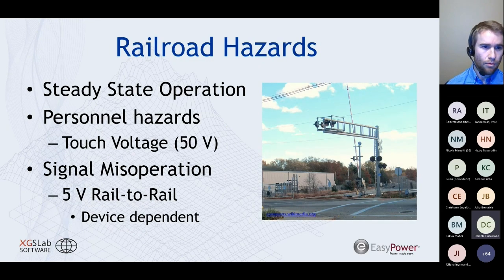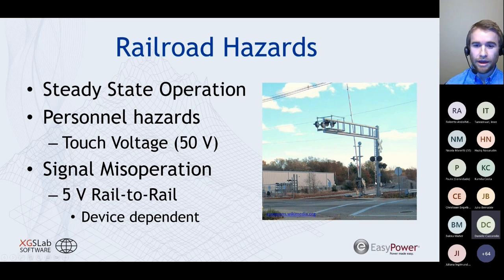So we'll go over the steady state operation concerns for railroads. That's going to primarily be, again, the touch voltage hazard during steady state. Usually railroads tend to use a 50 volt limit in North America, referring back to the OSHA standards. We have the signal misoperation that could occur.